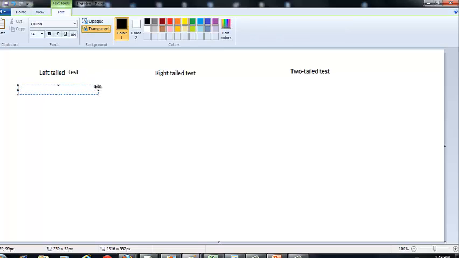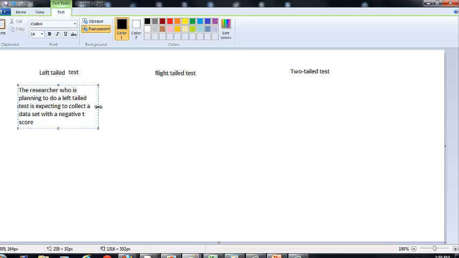A person who's doing a left-tailed test is expecting a data set with a negative t-score. They're expecting the t-score to be negative, and the researcher is also expecting to compare the negative t-score to a negative critical value.